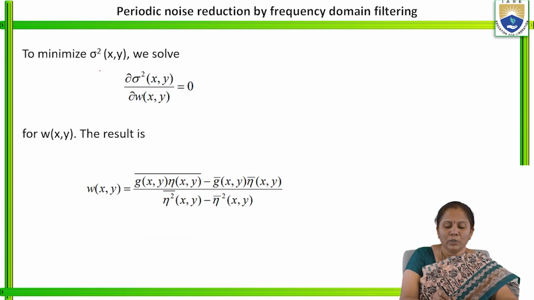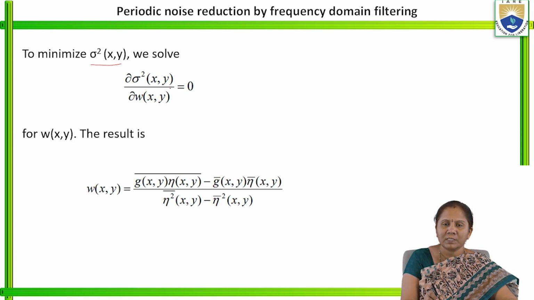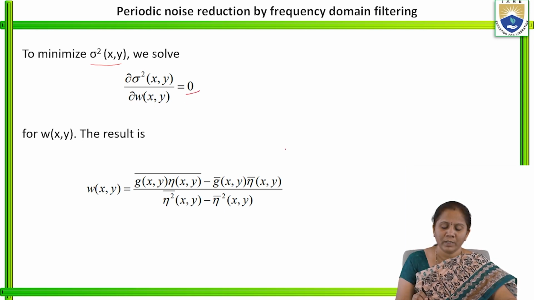So in order to minimize the variance, we have to differentiate, that is dou of sigma square(x,y) by dou of w(x,y), and we have to make it equal to 0.